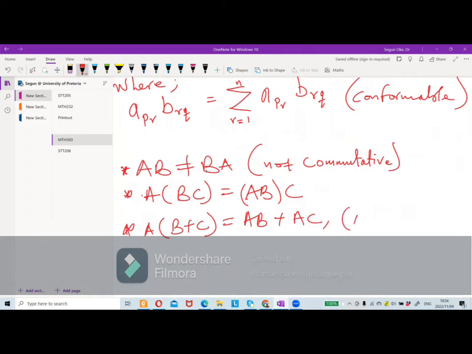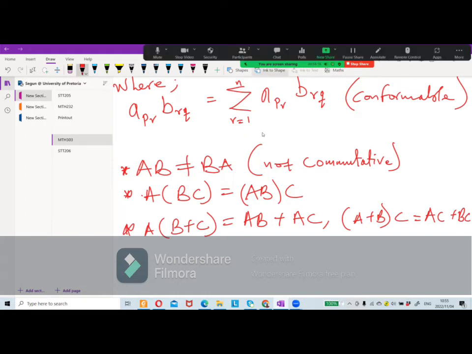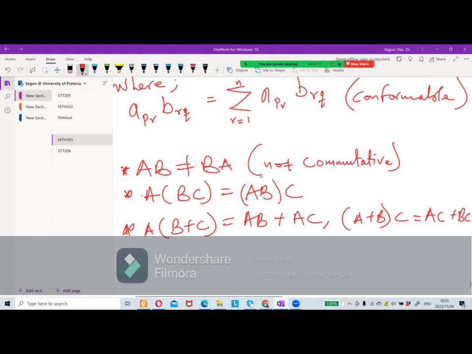That is A plus B into C, which is the same thing as AC plus BC. So these are the little things that I think you also need to know and be able to solve.